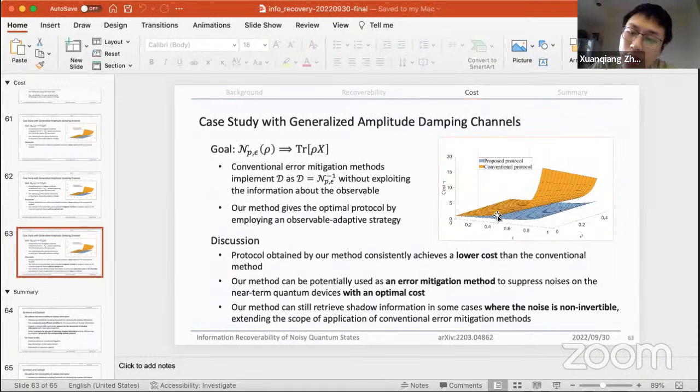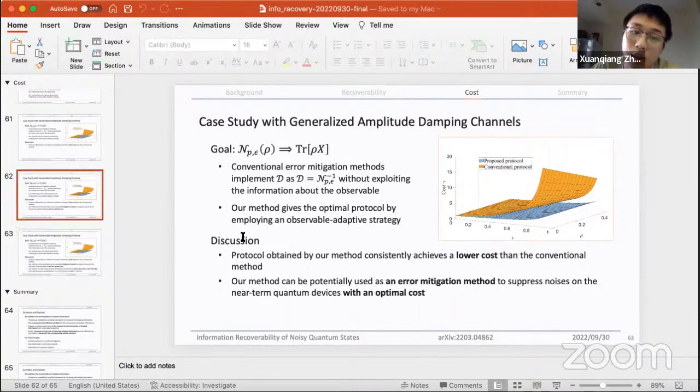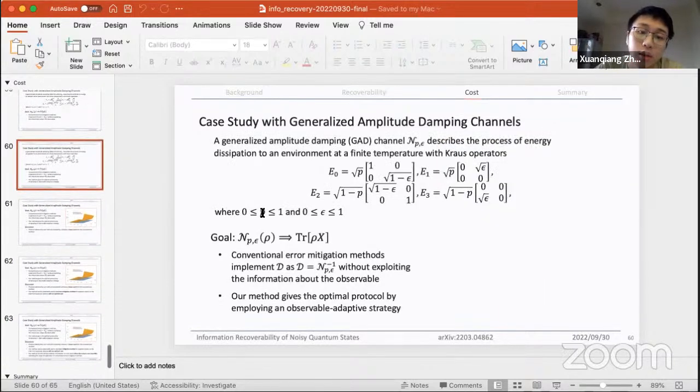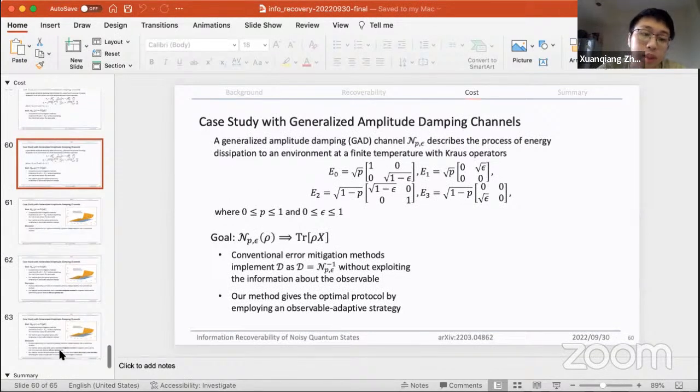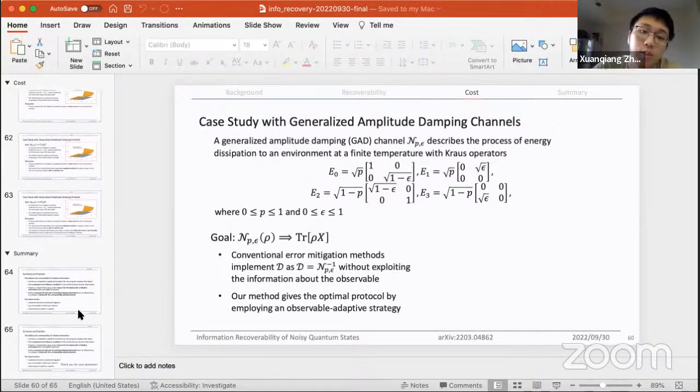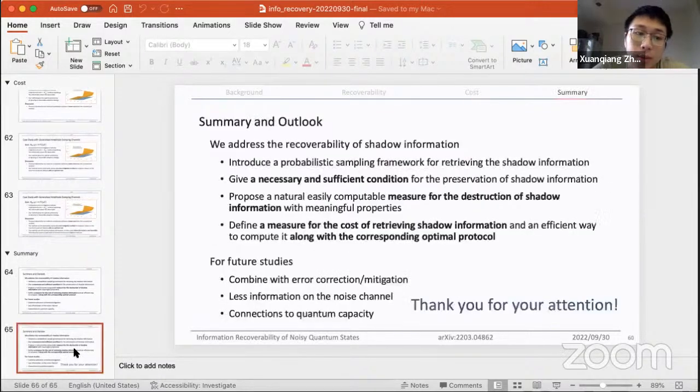However, there is also some disadvantage of our method because it assumes that the noise is modeled as a single quantum channel at the end before the measurement. So maybe some thought is needed to make our protocol practical with error mitigation.